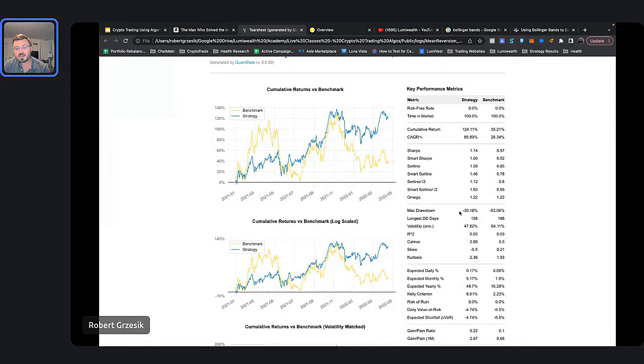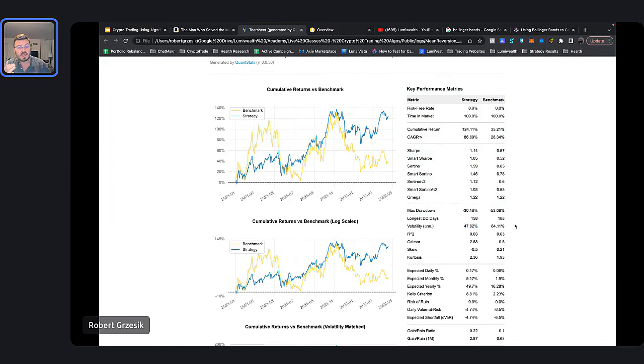Our max drawdown, you could tell Bitcoin was 53% from this max peak down to here, whereas our biggest drawdown was probably this here, 30%, right? So a heck of a lot less of a drawdown than just investing in Bitcoin, and also much lower volatility, 47% versus 64%.